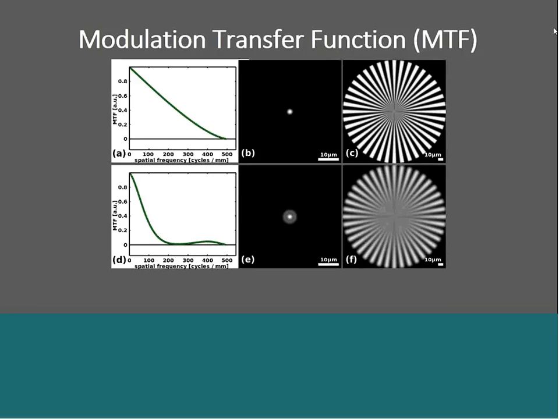Now, here's a simple example of the modulation transfer function, an illustration of how it actually reads in the physical world to the chart. The upper lens, notice, has more clarity.